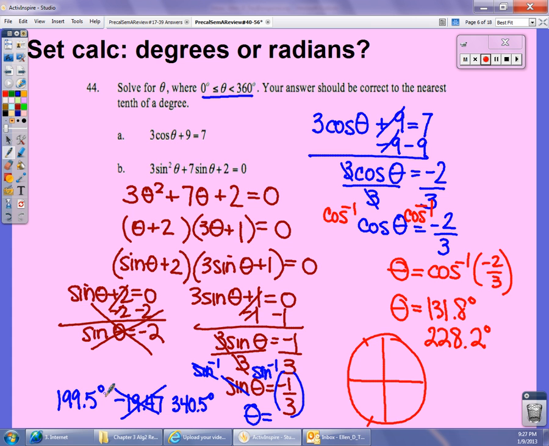Now, remember, we get two answers because sine would be equal to negative 1/3 in these two locations approximately.